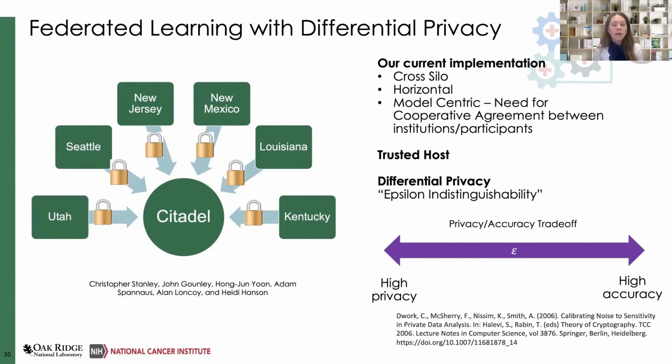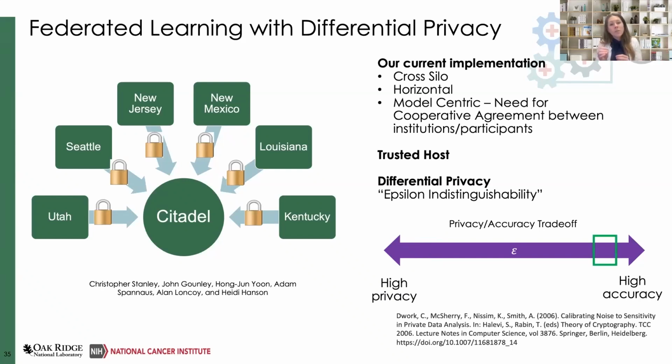So we are working on differential privacy methods to protect that. Essentially what differential privacy is, or epsilon indistinguishability, is you can inject noise to an amount that gives you very high privacy, but because you're injecting noise, you're going to reduce your accuracy.